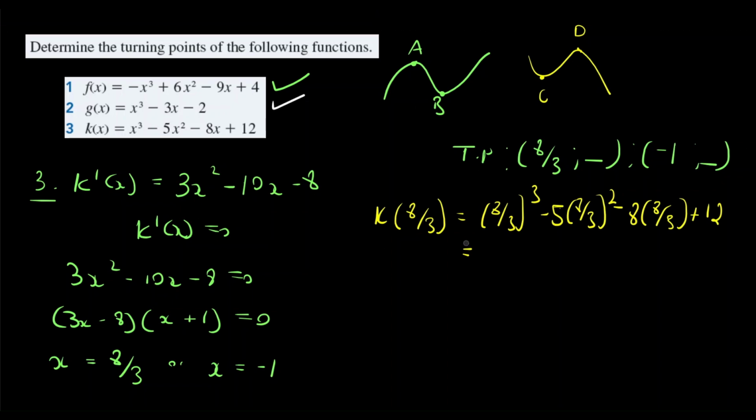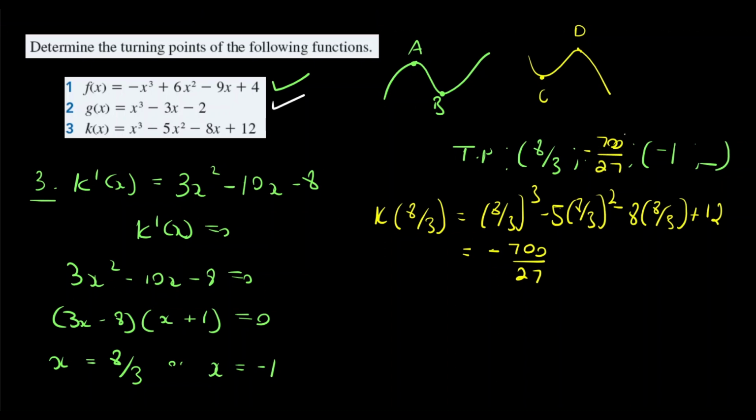If we quickly punch this into the calculator, we get negative 700/27, which means the corresponding y value here is negative 700/27.